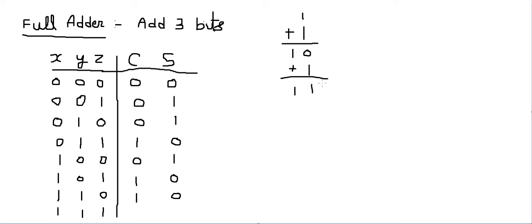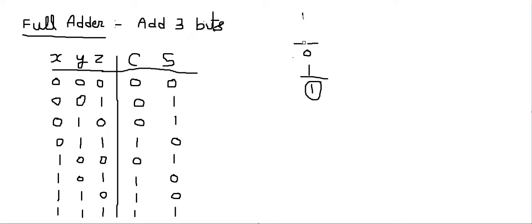So the sum will be 1 and the carry will be 1. So in that case here we will write 1 carry and 1 sum. In that way we can easily generate the truth table for the full adder, and it's quite easy.